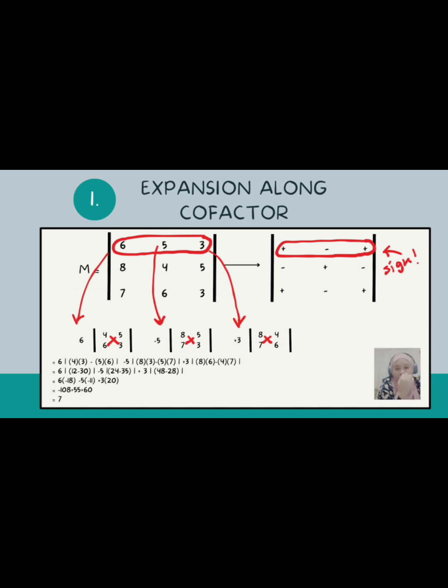And then if we follow the row shortcut, you will get 4, 5, 6, 3. So 4 you multiply with 3, 6 we multiply with 5, followed by the next element, negative 5, and then we can determine the cofactor for negative 5 should be 8, 7, 5, 3 crossover multiply, and then followed by 3, whose cofactor is 8, 7, 4, 6. So that's the value at the end.